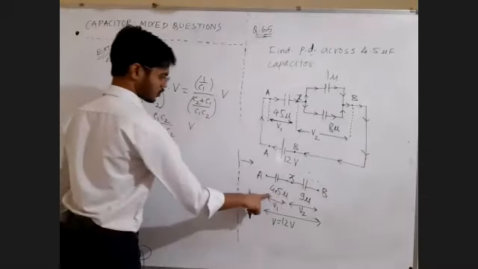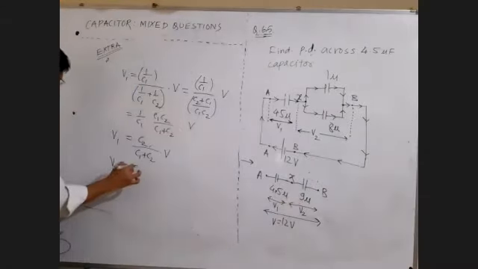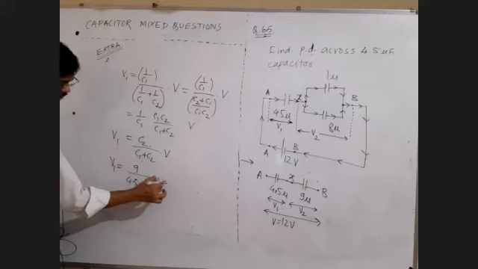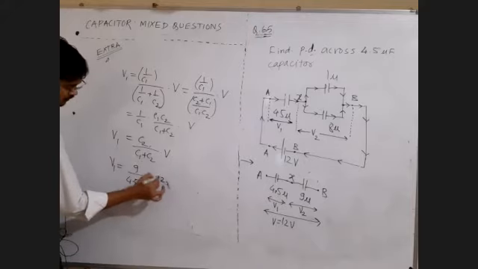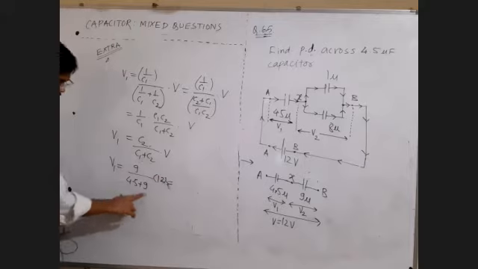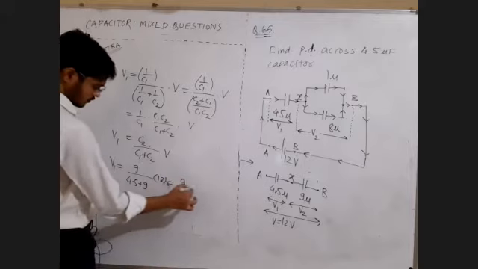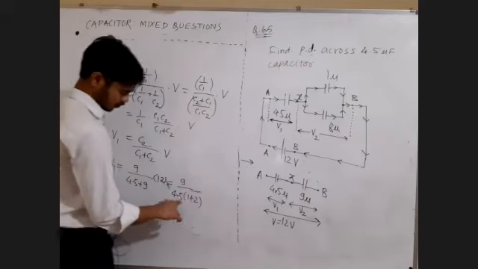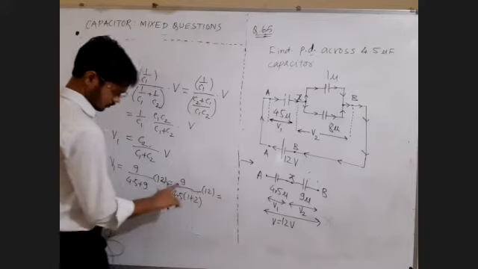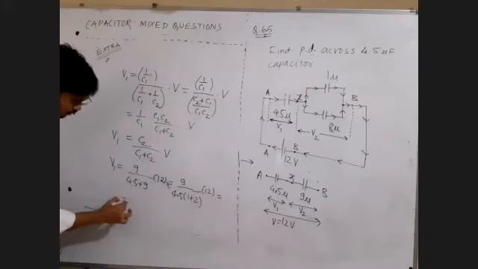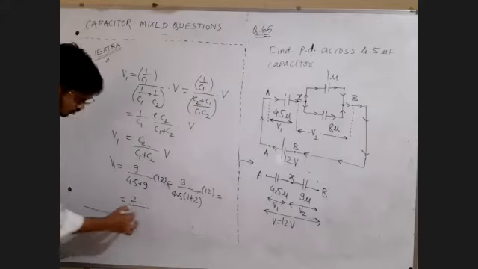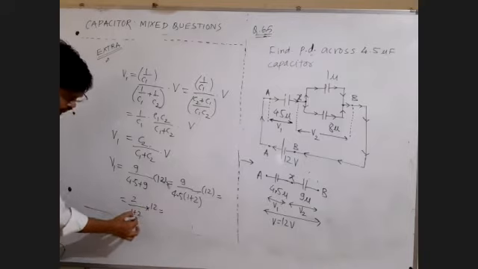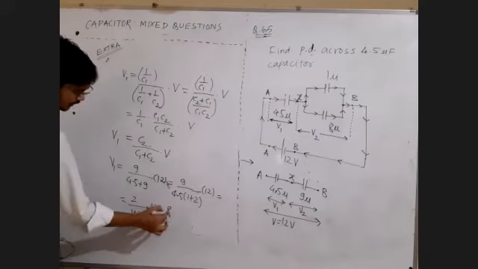C1 is 4.5, C2 is 9. 9 upon 4.5 plus 9, into total V, which is 12. 4.5, I can take common. 9 upon 4.5 is 2. 1 plus 2 is 3. 12 upon 3 is 4. 4 into 2 is 8.